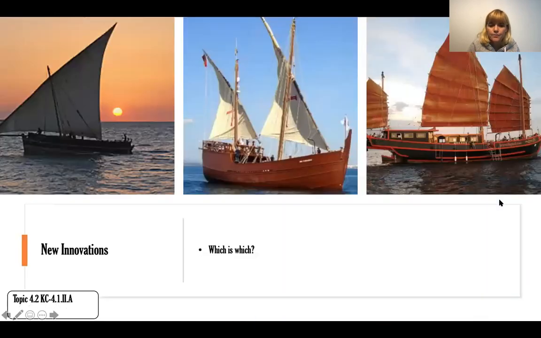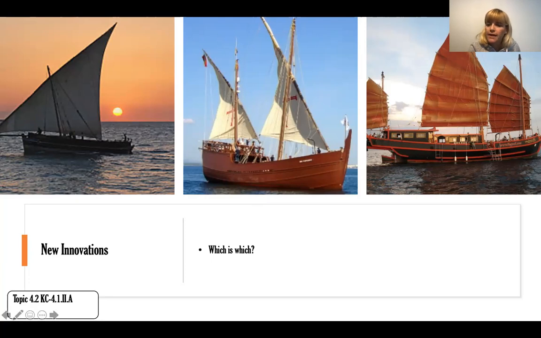I wanted you guys to get a sense of what these 3 different ships look like. Now, we've talked about all 3. We've talked about the dhow, which comes from the Middle East. That little triangular thing is the lateen sail. We've talked about the caravel, which is going to be the European version of these fast-moving ships.